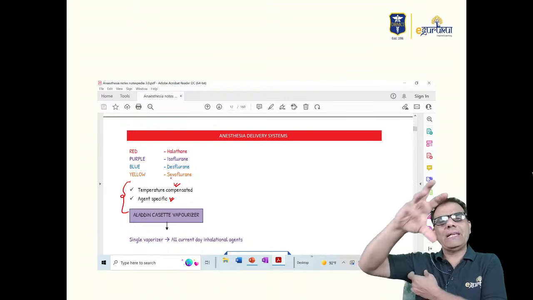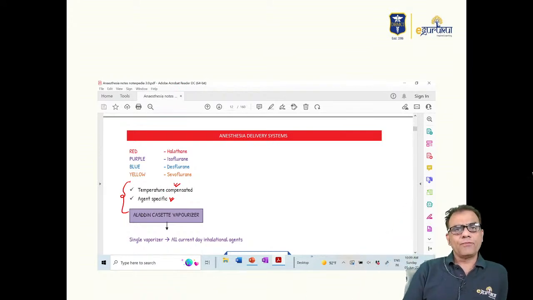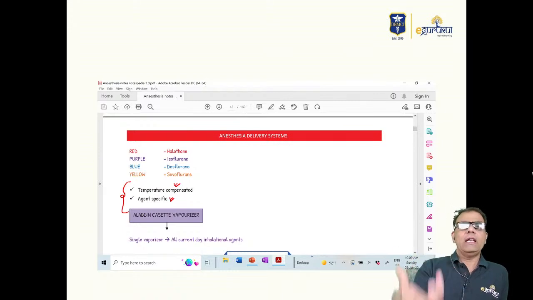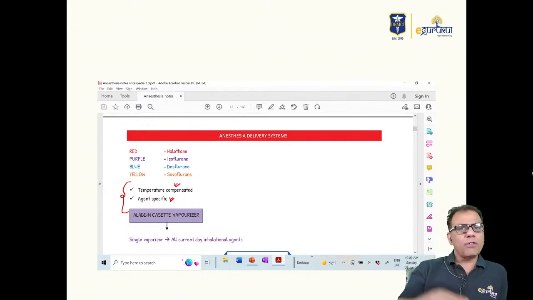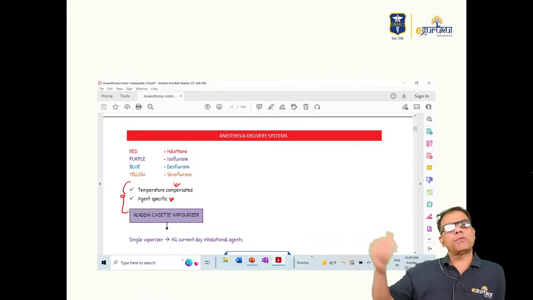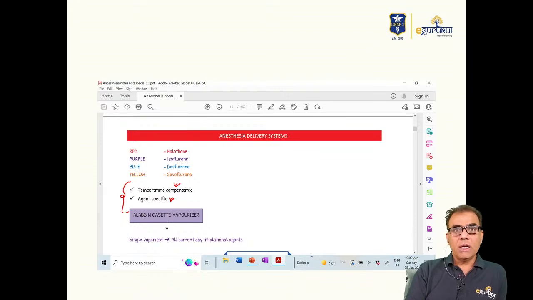Otherwise what happens, these inhalation agents are volatile. So when an inhalation agent evaporates, its temperature will fall, and that will lead to a decrease in the output of the agent. So with the passage of time, their output will keep on decreasing. Nowadays the newer vaporizers are temperature compensated, meaning whatever the changes in temperature, their output will remain constant. So you can rely on the output not changing.